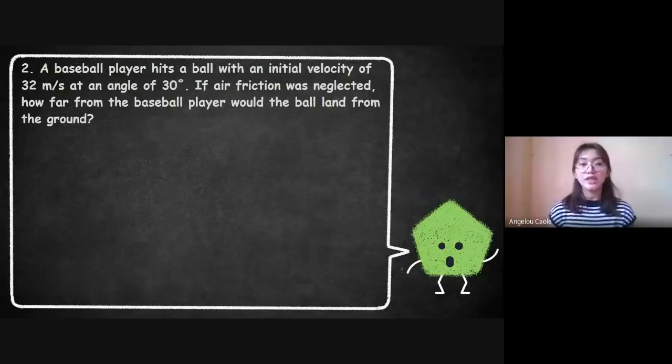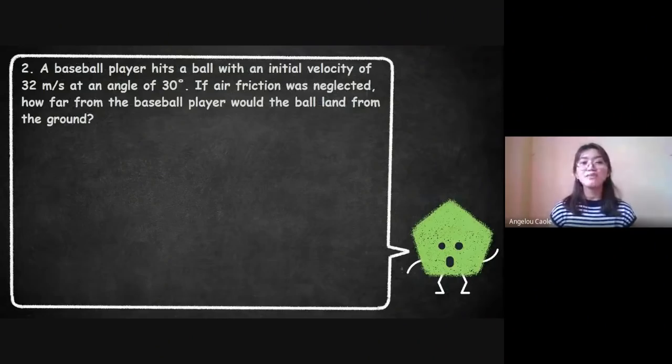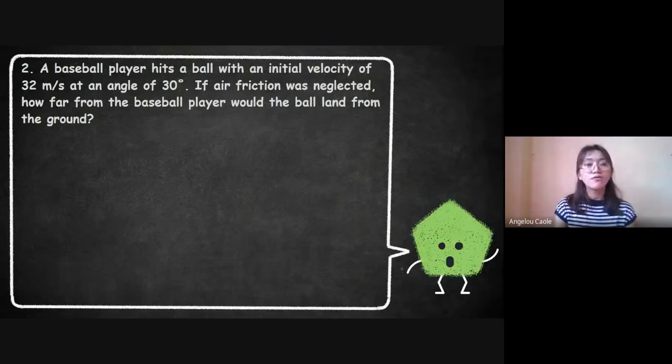If air friction was neglected, how far from the baseball player would the ball land from the ground? Okay, so given we have initial velocity Vi is equal to 32 meters per second, and the angle is 30 degrees. So we are looking for how far from the baseball player would the ball land from the ground.